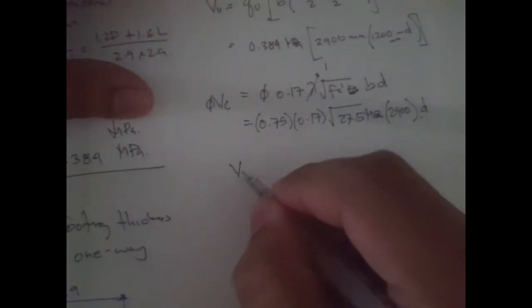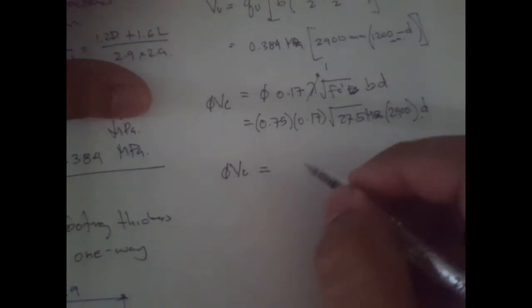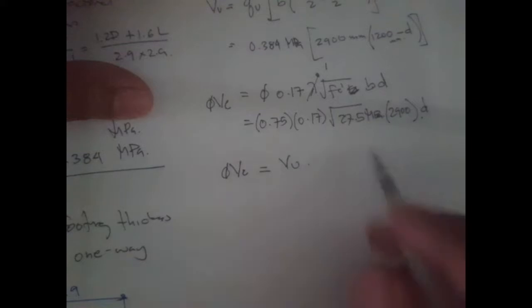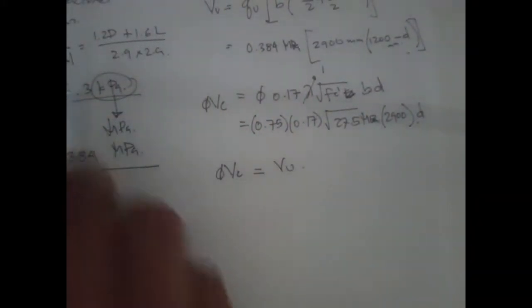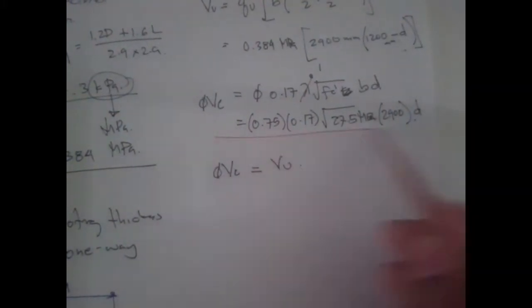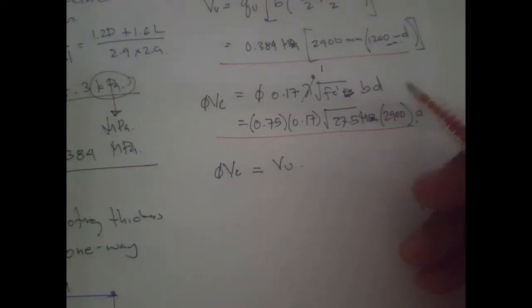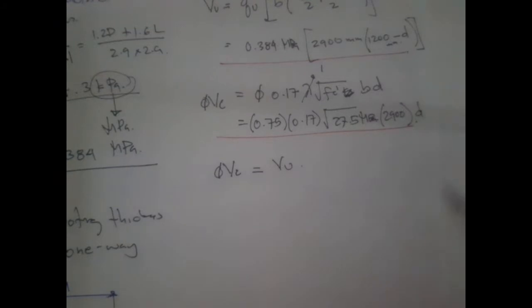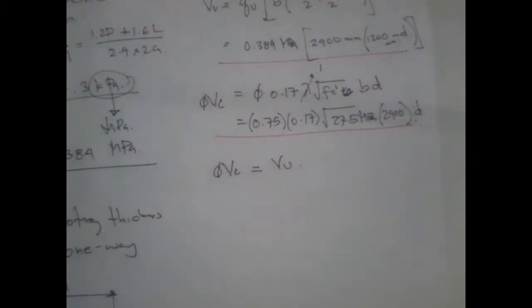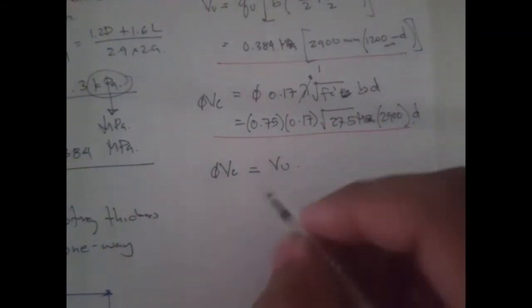Now we equate the resistance side to the load side. You input that in the calculator and use the shift solve function, and you'll be able to solve for the depth.